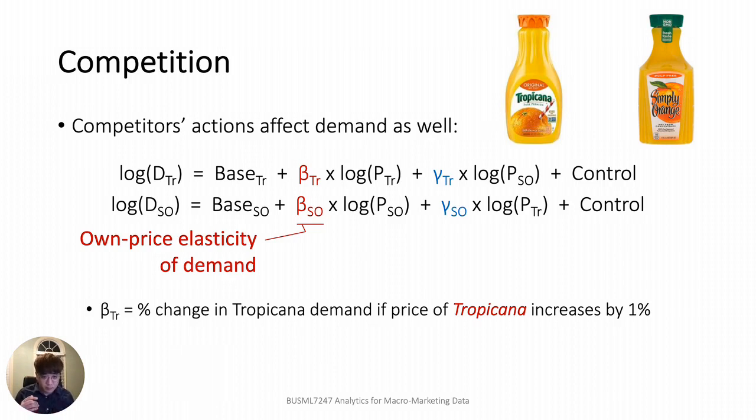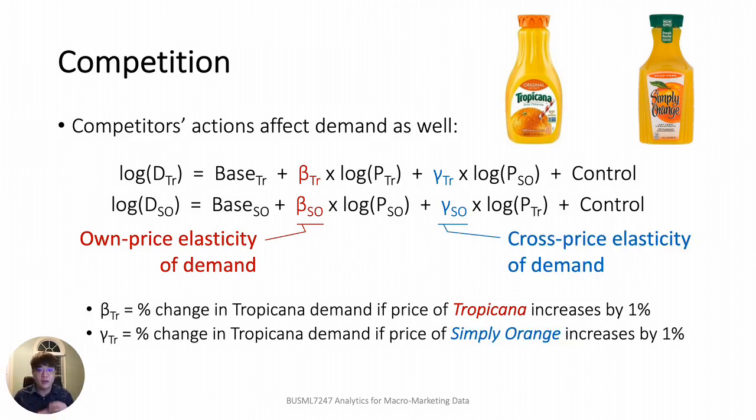That is, percent demand response to percent change of our product price as discussed. And those gammas indicate the cross-price elasticity of demand for the brand. That is, percent demand response to percent change of the competitor's product price.